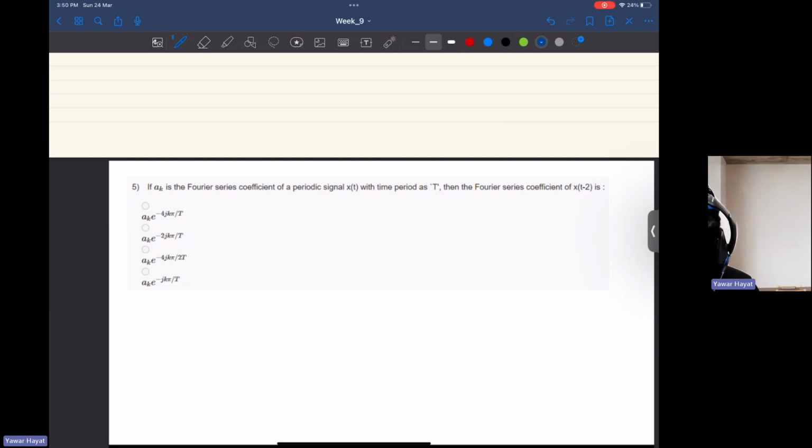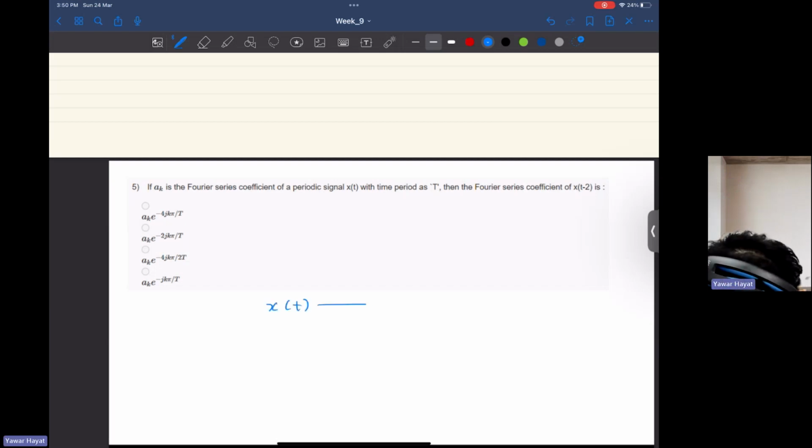This is in fact given readily by the properties of Fourier series coefficients, which we already saw. So I'll directly write the result.